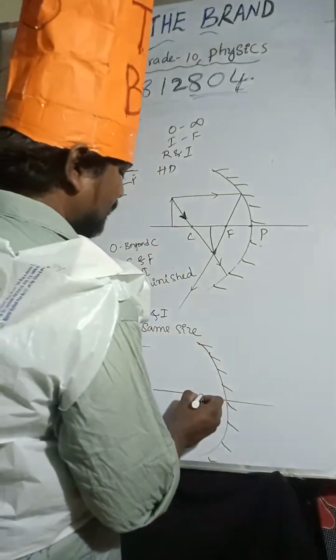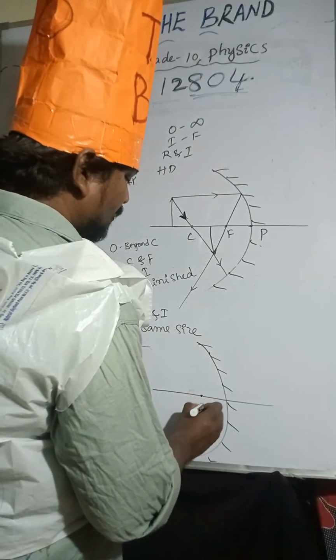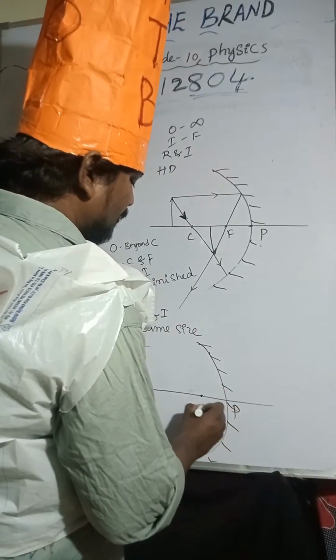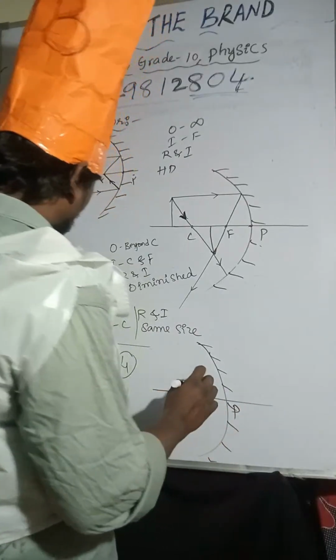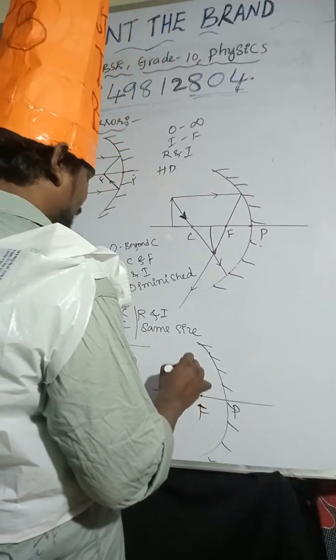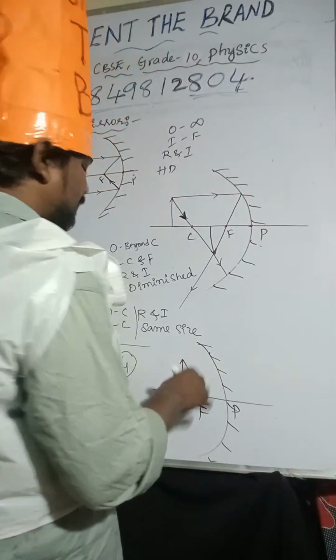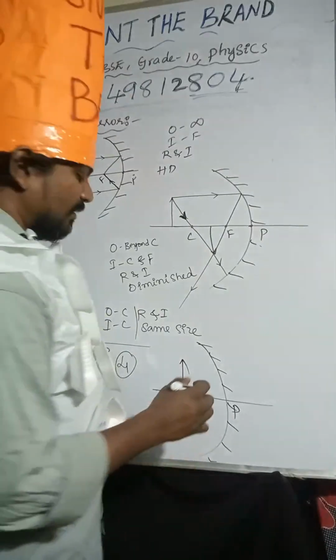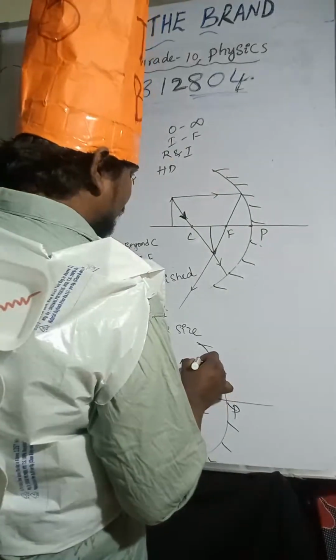Object is placed. So this is the pole. So pole, focus, center of curvature. Object is placed between C and F. One light ray I am taking like this.